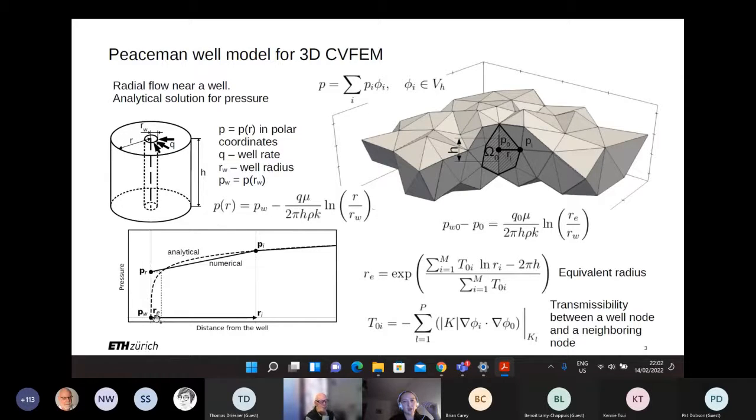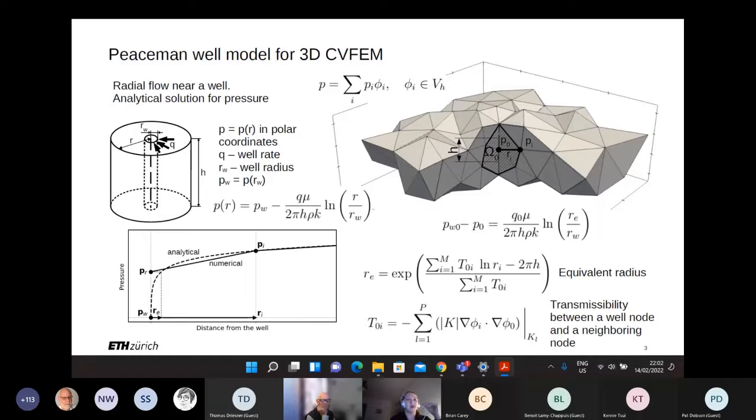And if we plot it here, I've plotted it here with a dashed line. And here on the x-axis is a distance from the well. And we see that pressure drops most dramatically in the immediate vicinity of the well. And that's why this is very difficult to capture with a numerical model without an extreme mesh refinement near the well.